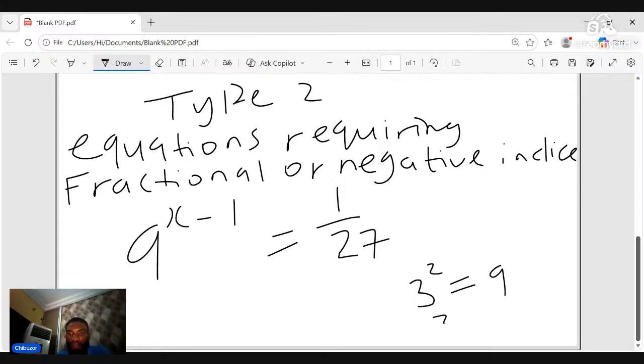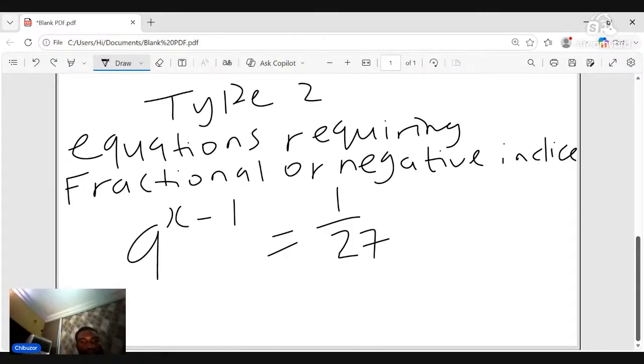And 3 raised to power 3 is equal to 27. So since we've established that 3 is the common base, we say (3^2)^(x-1) is equal to 1 over 3 raised to power 3.